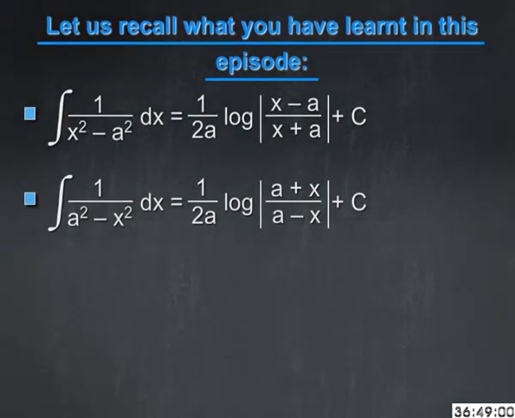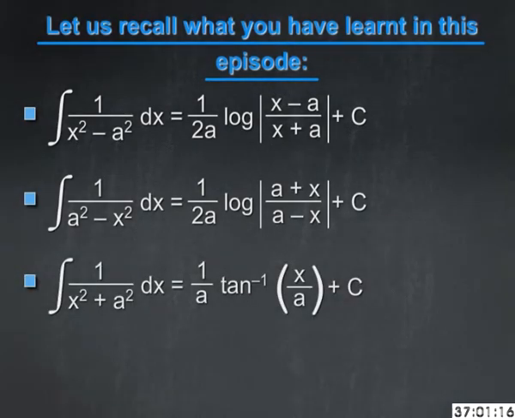Integral of 1 upon a square minus x square with respect to x is equal to 1 upon 2a into log of mod a plus x upon a minus x plus c. Integral of 1 upon x square plus a square with respect to x is equal to 1 upon a into tan inverse of x upon a plus c.